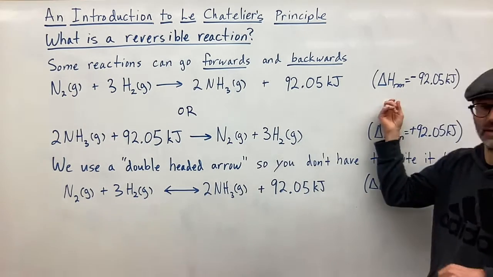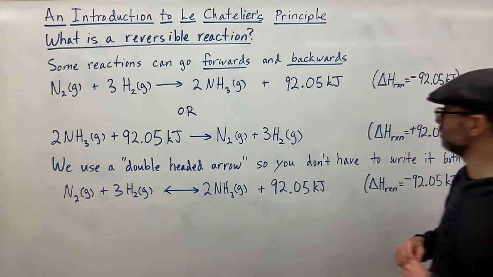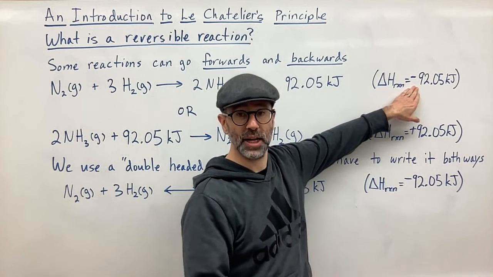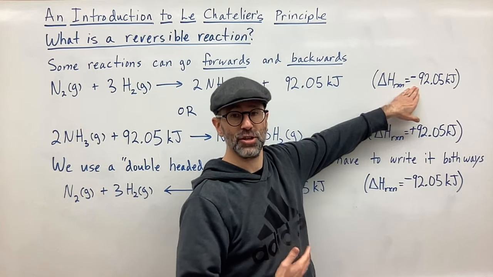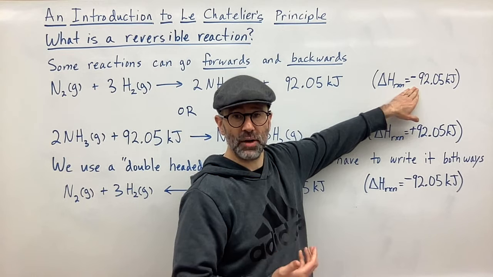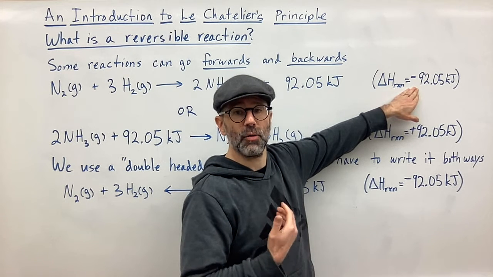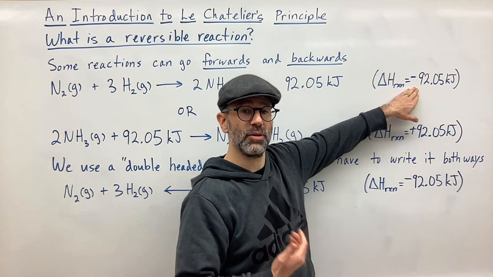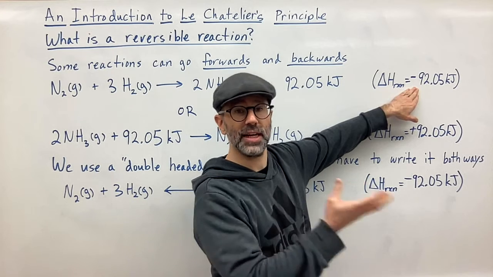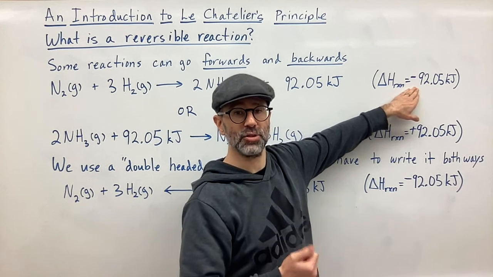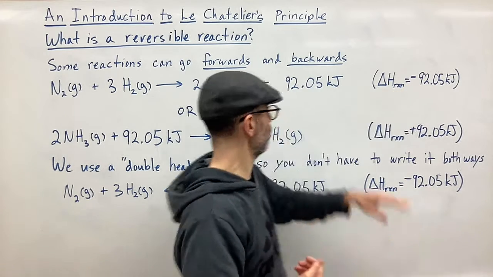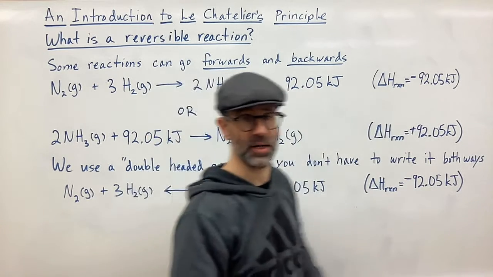So when we write this delta H of the reaction, we have a negative sign because it's losing energy. Exothermic means that energy is being released out to the environment, to the surroundings, and so we're always looking at the perspective of the reaction. And so in this case, if the reaction is releasing energy to the surroundings, then that means the reaction is losing energy. So there's a negative sign, and we write it as a product.